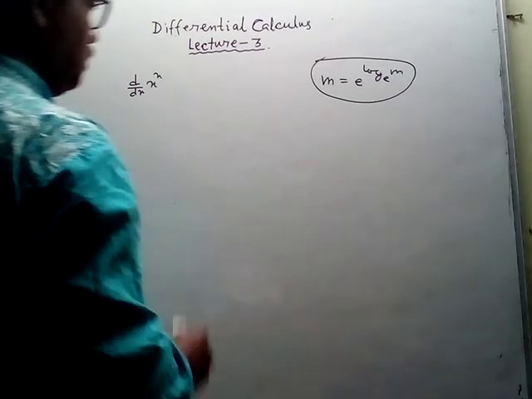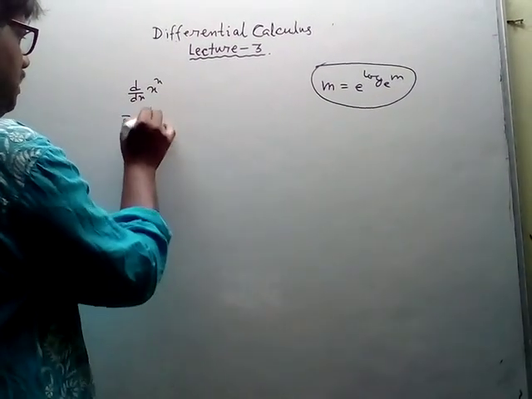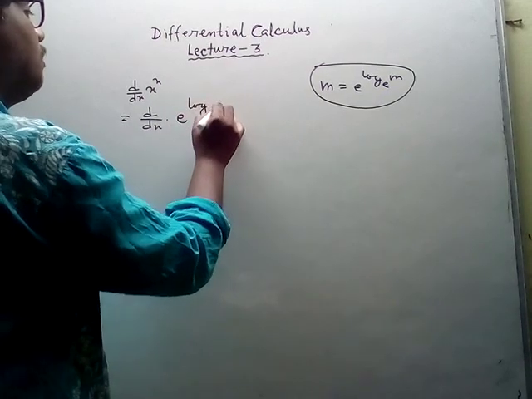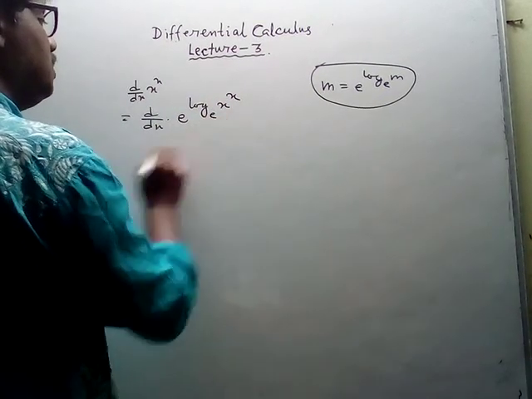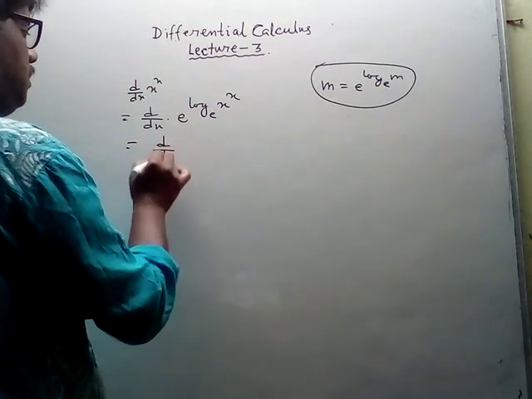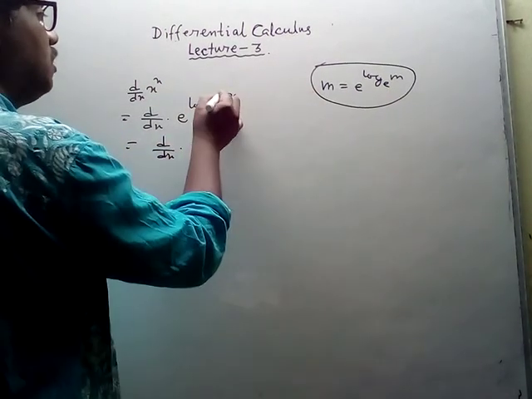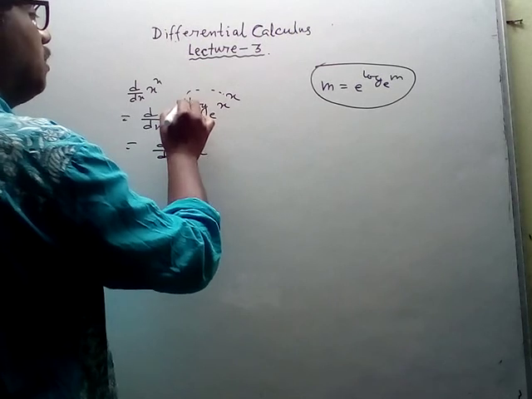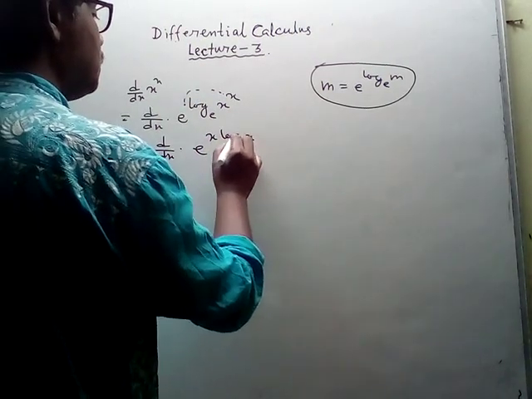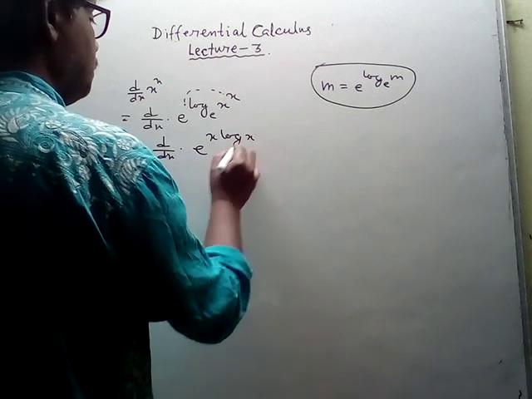So we can write d/dx of e power log of x power x, base e. Applying this formula, d/dx of e power, where this x comes here by the property of logarithm, x log x, base e.